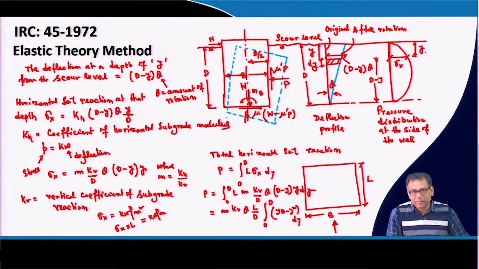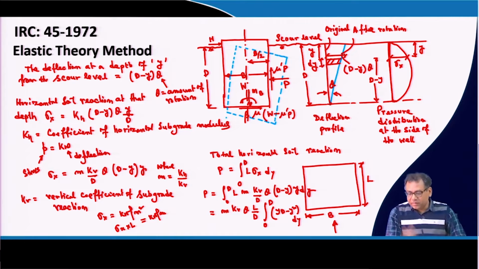This is the horizontal stress at any point y, and there will be a net soil pressure. Sigma x should not be greater than that soil resistance.